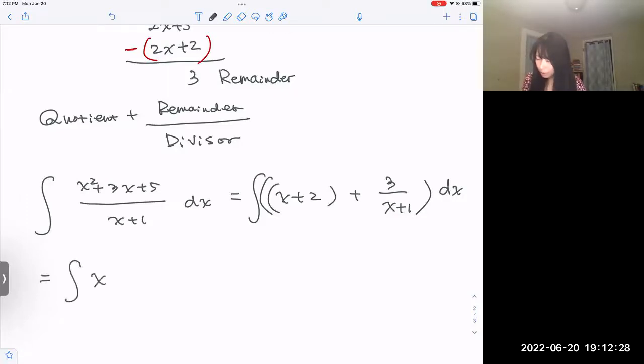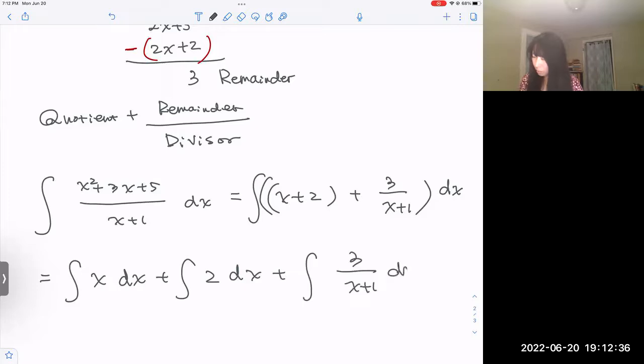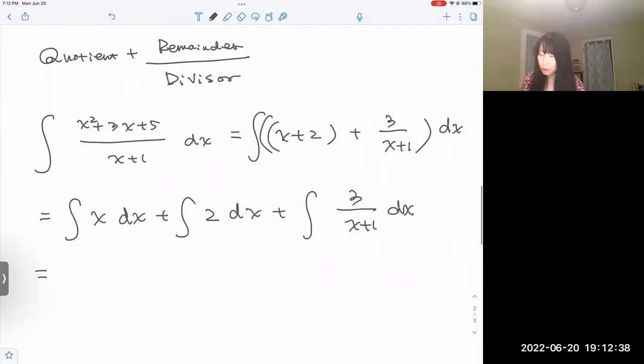If you want x dx plus 2, so integrate, what do you get? The first term? X squared over 2.